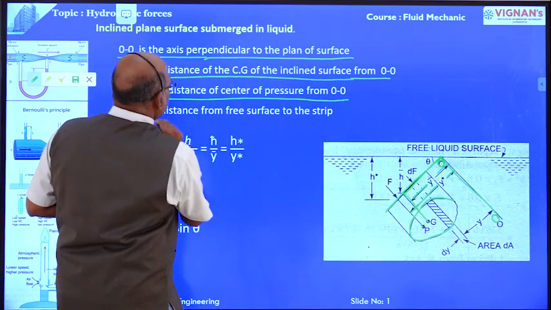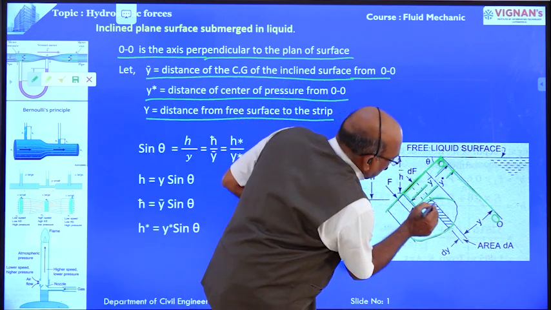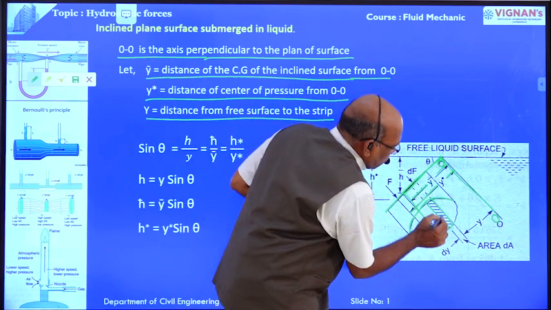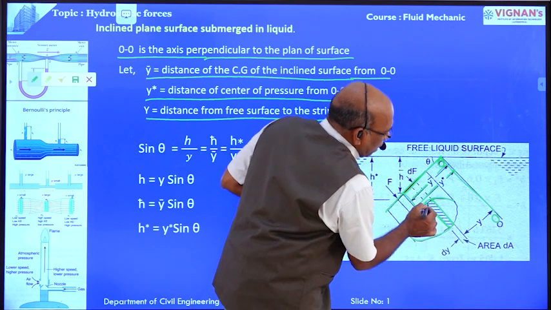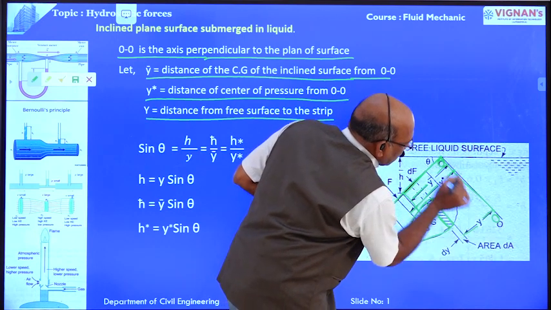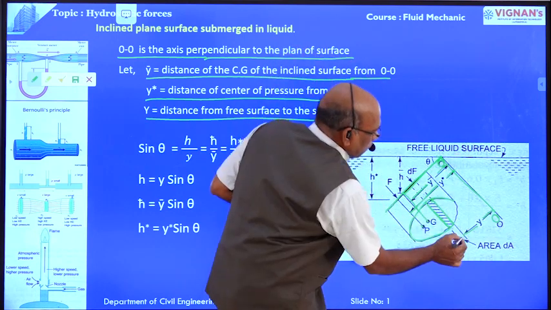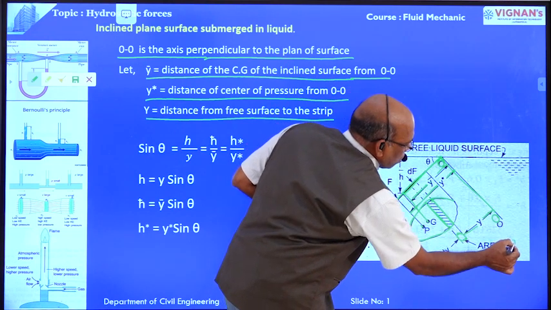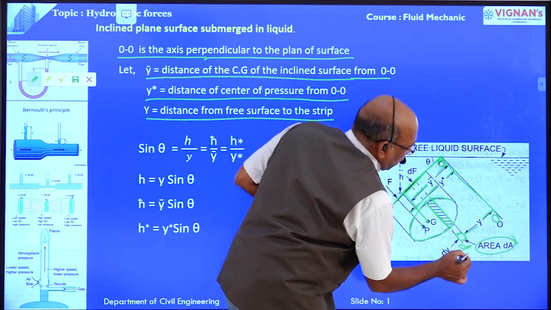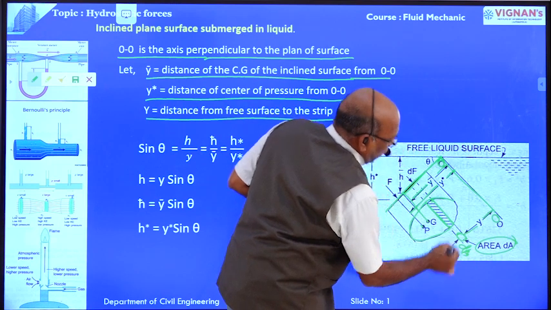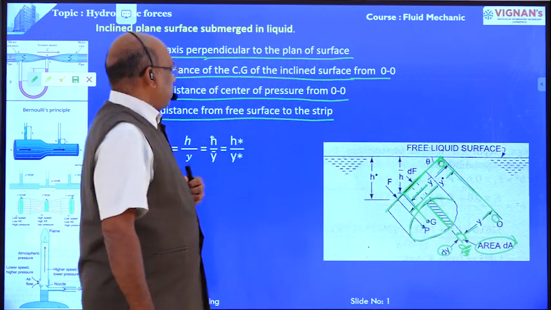Next, y is the distance of the strip. As in the earlier case, we take one small strip at y distance from O, O. The strip area is dA and the strip depth is dy.